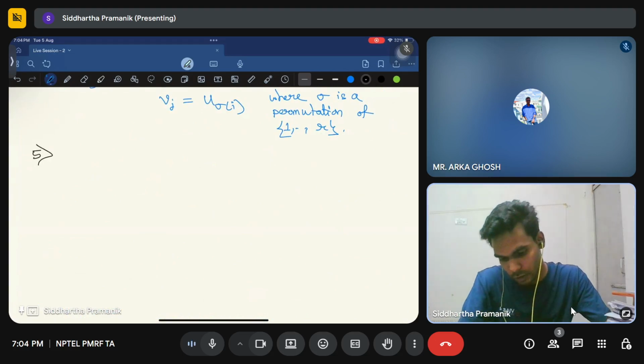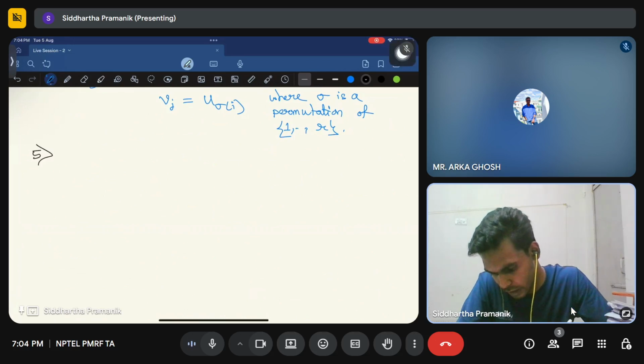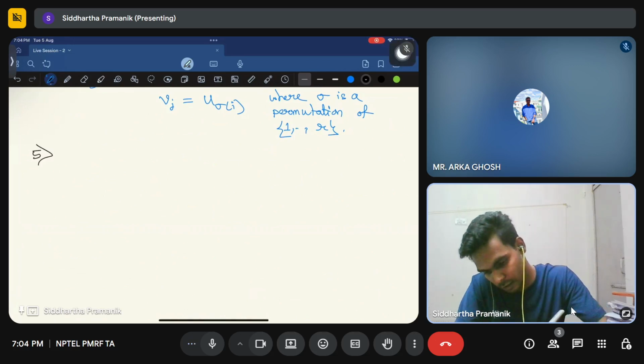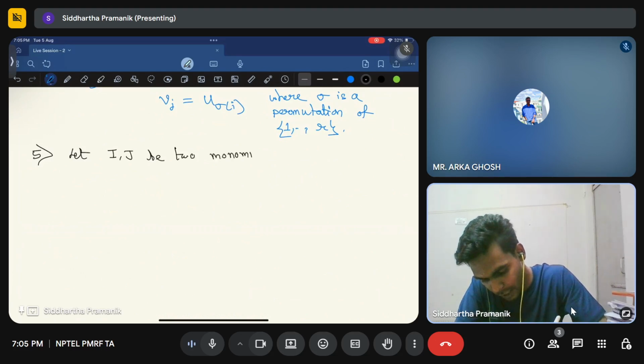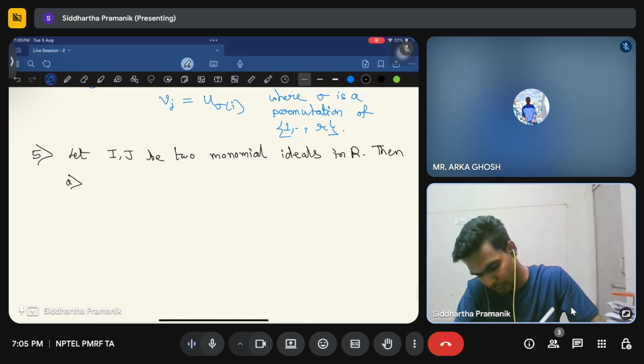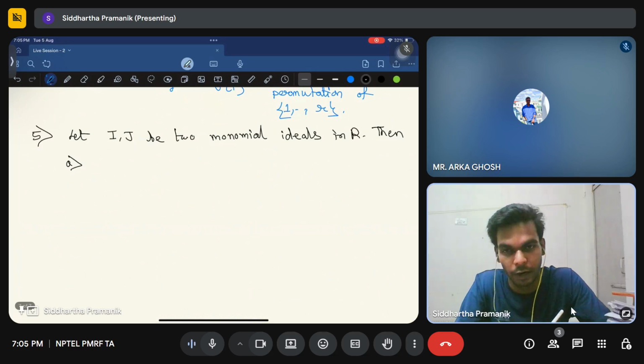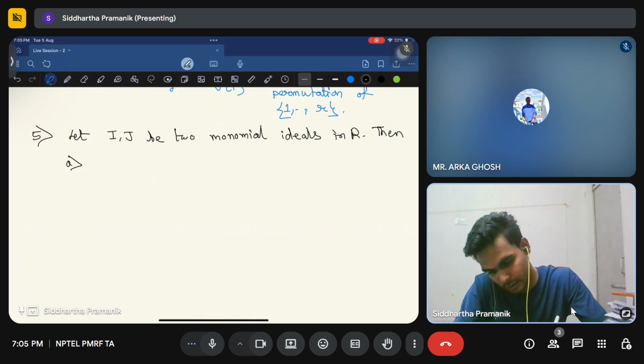Now using this I will list down some other properties, but I will not prove them because they are just routine checks. Let I and J be two monomial ideals in R. First of all, we can take different operations to get new ideals.